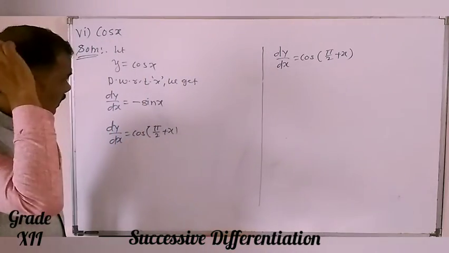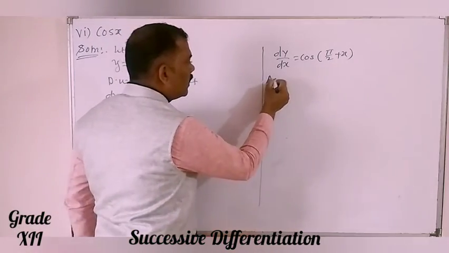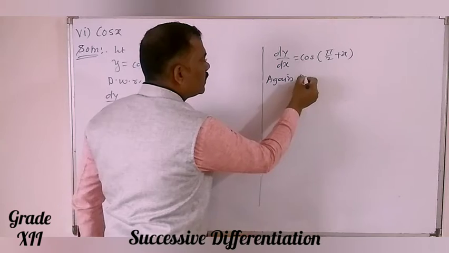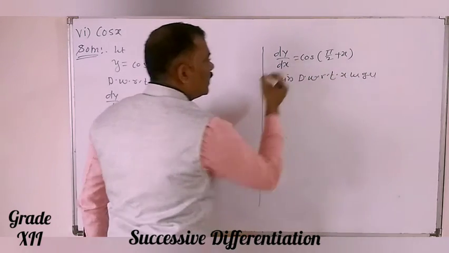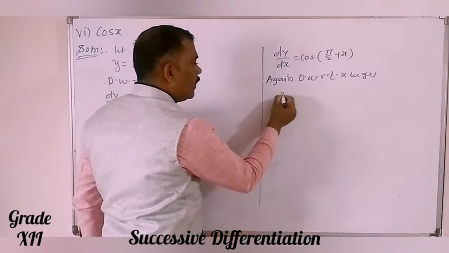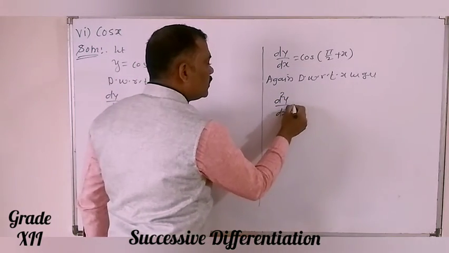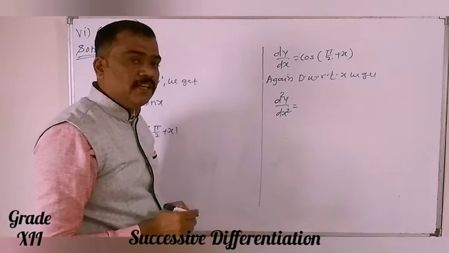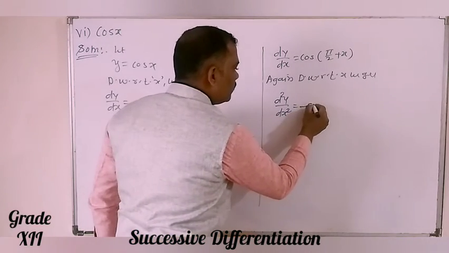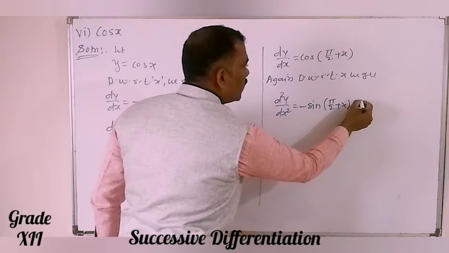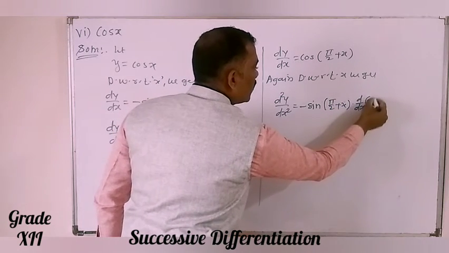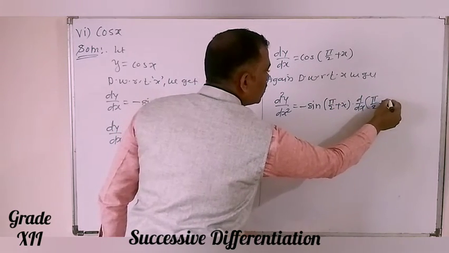Again we have to differentiate with respect to x. Again differentiating with respect to x, we get the second order derivative d2y by dx square. First we have to keep the finger on cos. What is the derivative of cos? The derivative of cos is nothing but minus sin, angle as it is, that is pi by 2 plus x, into d dx of pi by 2 plus x.